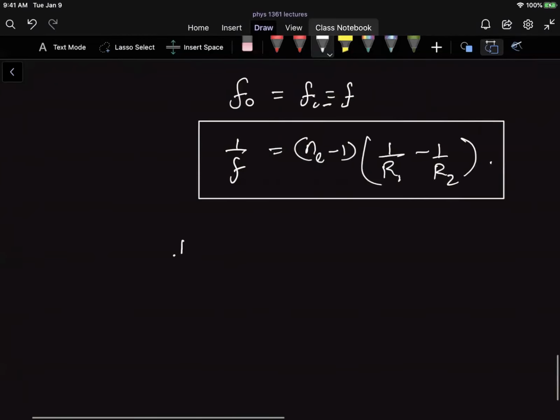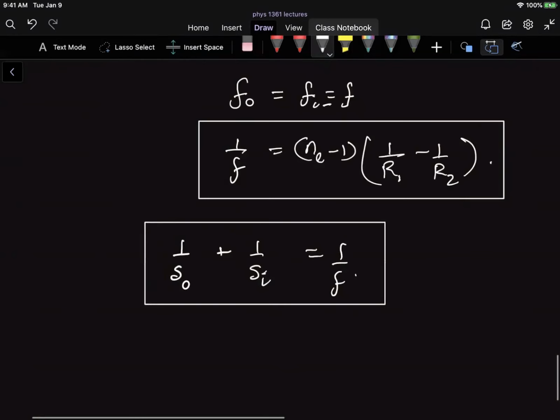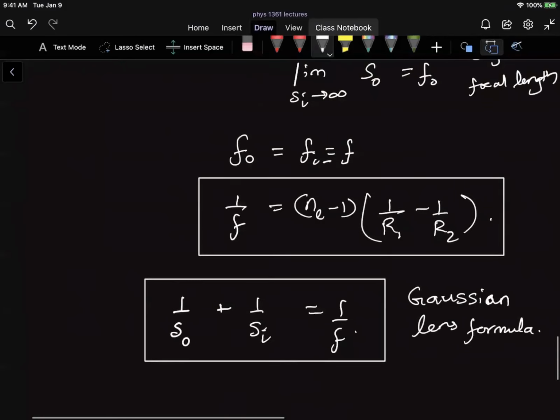And from this, 1 over S_O plus 1 over S_I equals 1 over F for a thin lens. And this is called the Gaussian lens formula. Which is just basically taking the Lensmaker's formula and realizing that for a thin lens, there is only one focal length F on either side of the lens.